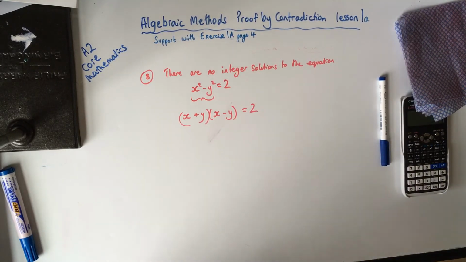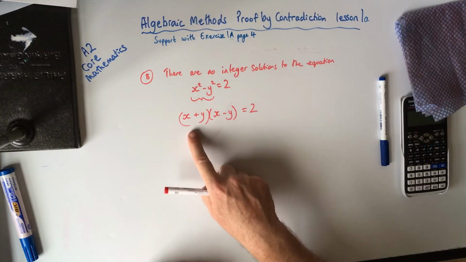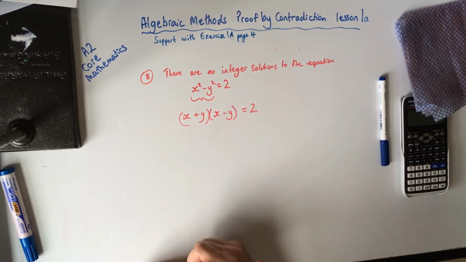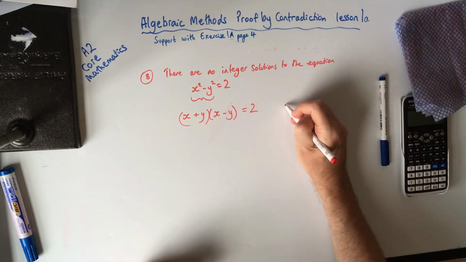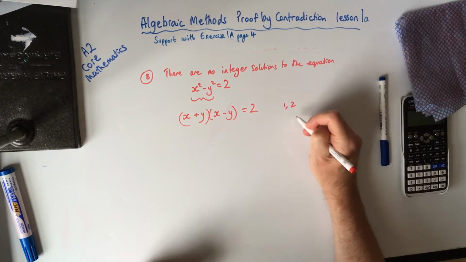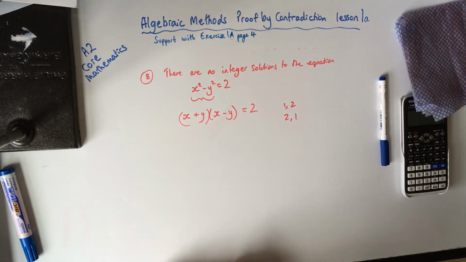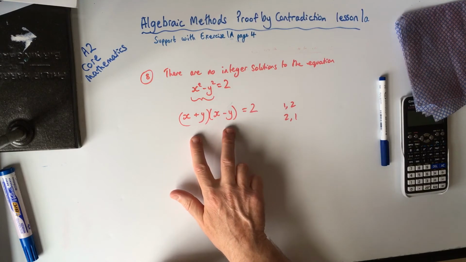And if there are integer solutions, there's only so many ways where you multiply two numbers together to get 2, isn't there? So it can only be 1 times 2 or 2 times 1. Those are the only two solutions.